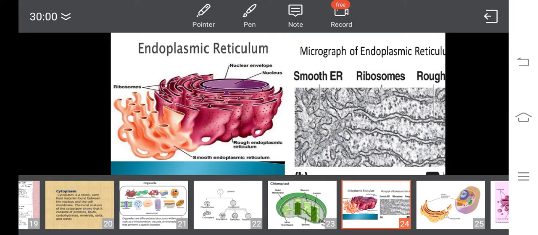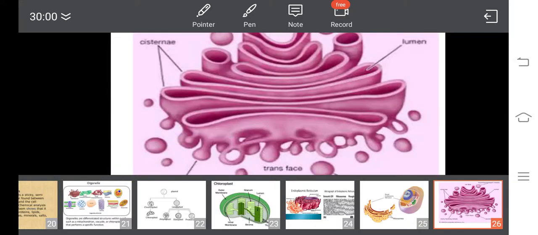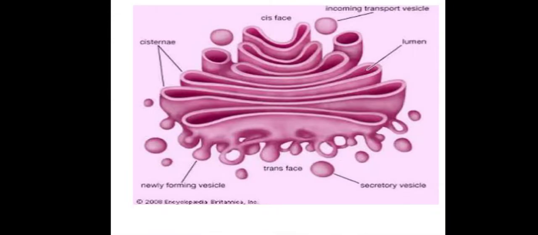Okay, so in a plant cell, what happens? In a plant cell, the Golgi apparatus will not be like this. The components will not be attached like this. Those will be scattered. So in a plant cell, the Golgi apparatus is termed dictyosomes. Those are not termed Golgi apparatus.